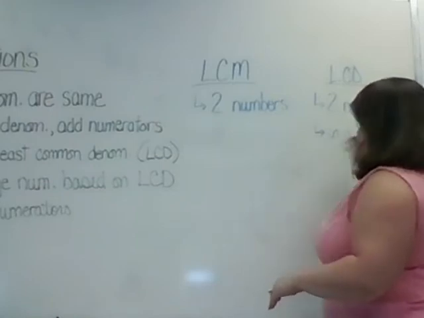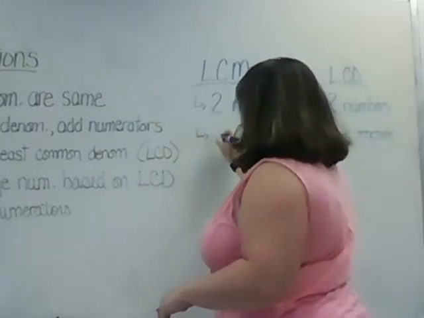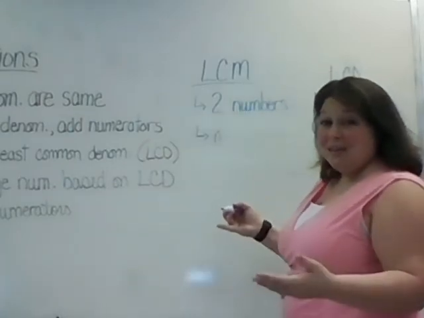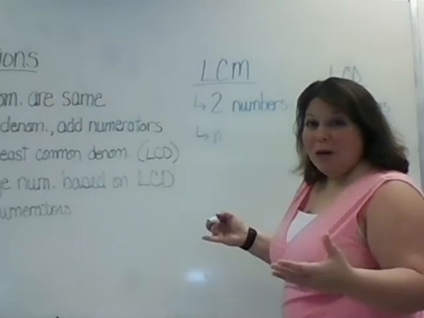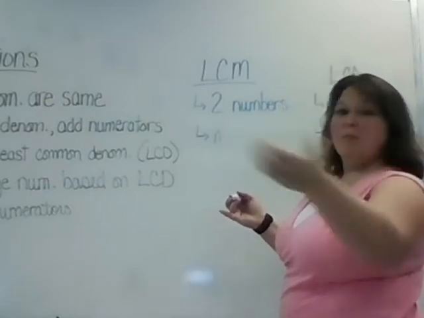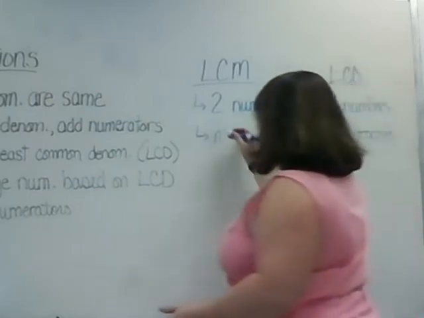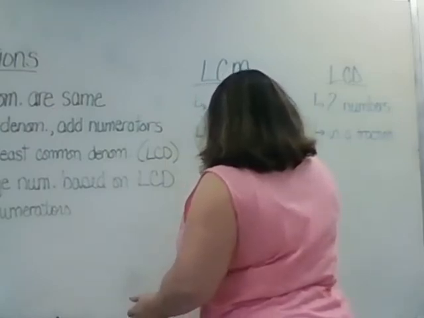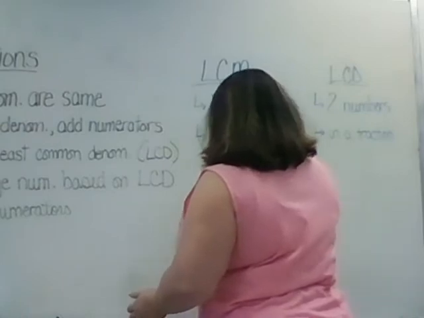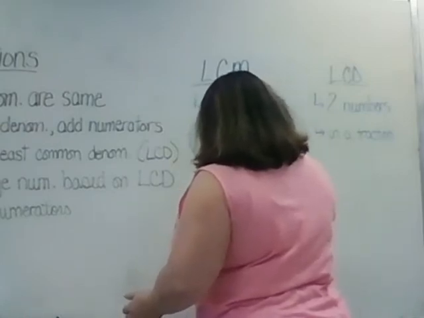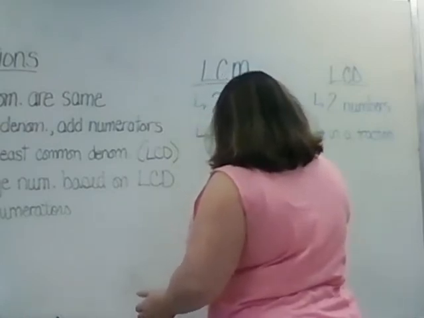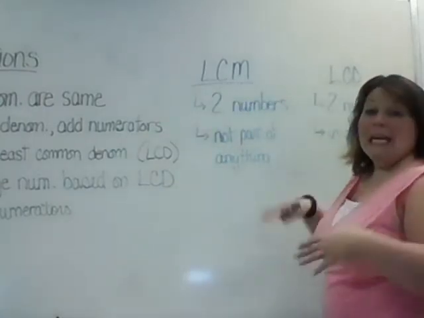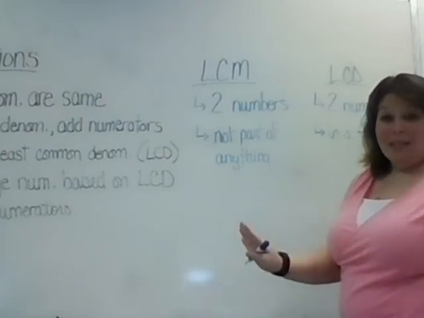Least common multiples are just numbers that are hanging out there. They're not in a fraction. They're not in a problem. They're literally just two numbers smacked next to each other. So really the only difference between a least common multiple and a least common denominator is that the denominator is already in a fraction. That's it.